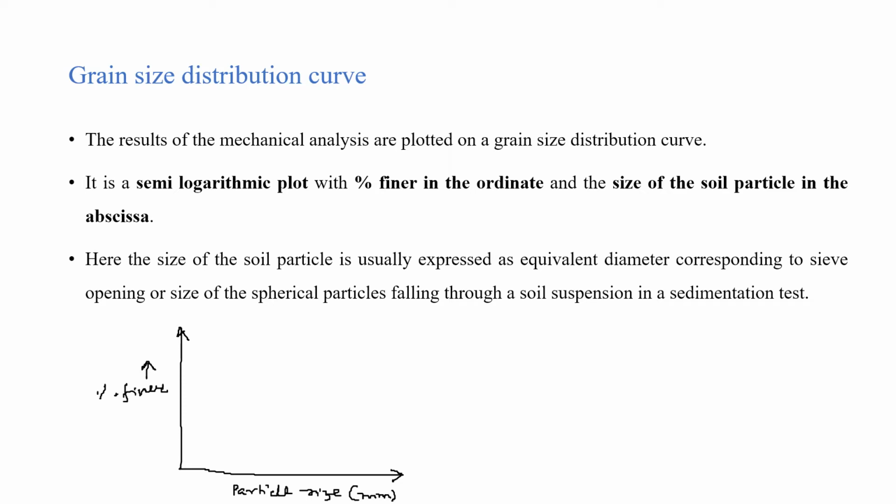So the particle size distribution curve can be represented like this: suppose it's 10, 1, 0.1, 0.01, and the arithmetic scale is 0, 10, 20, 30, and so on. This curve looks like that of an S.